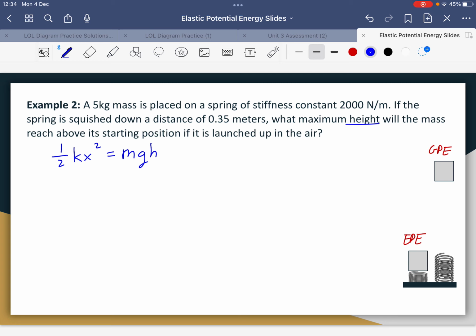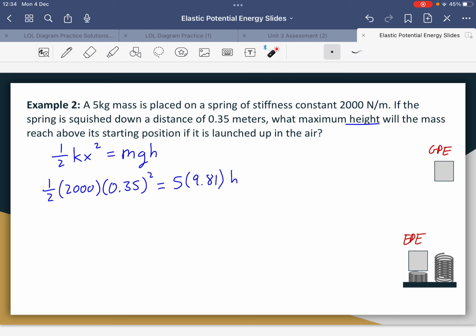So we're looking for the h. Now we just have to plug in our numbers. So 1/2 times 2,000 times the compression of the spring, which is 0.35 squared. And this is going to be equal to the mass of the object, which is 5 kilograms, times 9.81 times the height. That's what we're looking for.